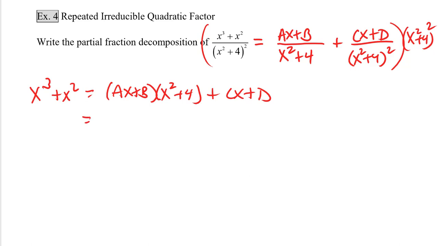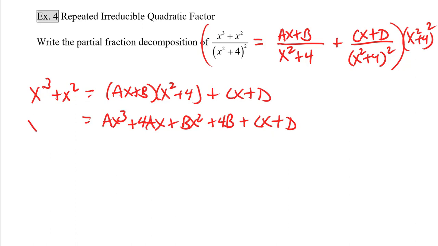Now I'm going to FOIL, and I'll get ax cubed plus 4ax plus bx squared plus 4b plus cx plus d, and that's equal to x cubed plus x squared.